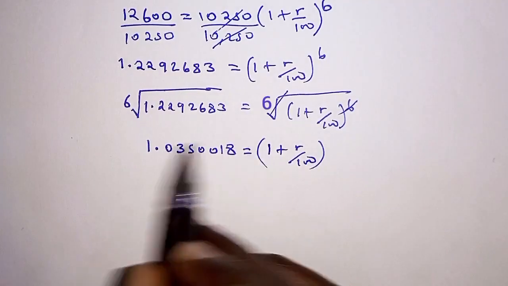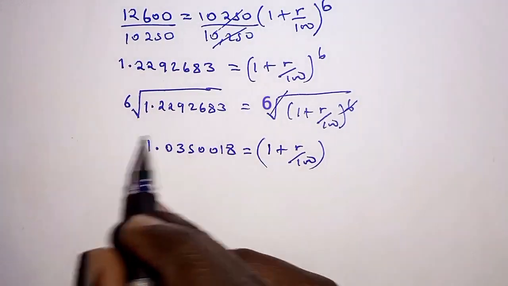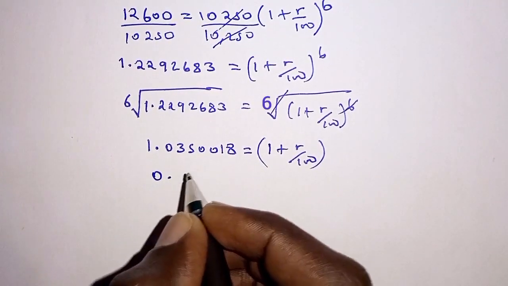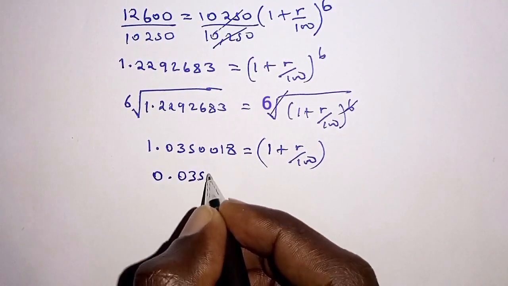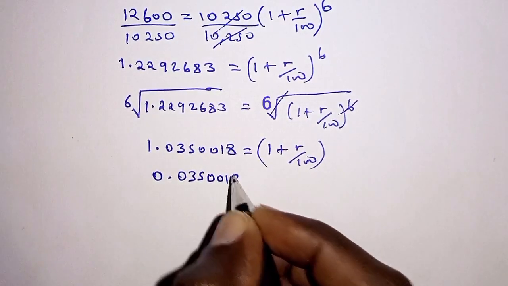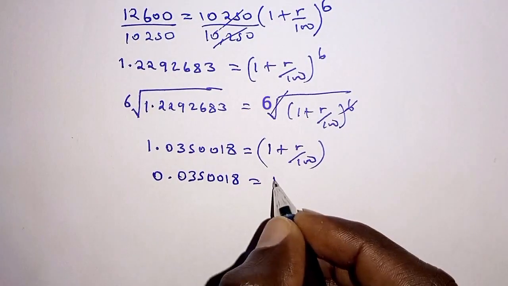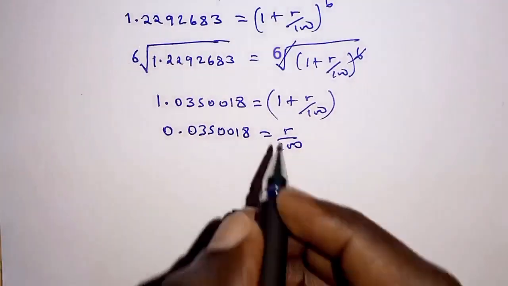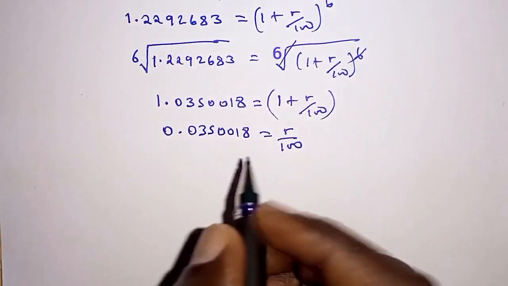If we bring 1 to the left hand side, we'll have to subtract it from this value so that we remain with 0.0350018, and then the right hand side we have r over 100, and that therefore means multiplying both sides by 100.